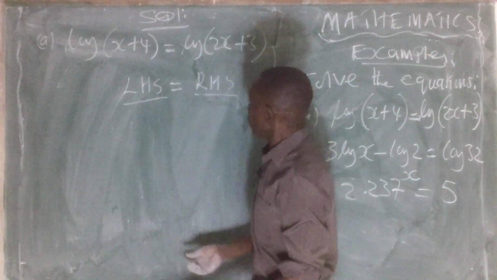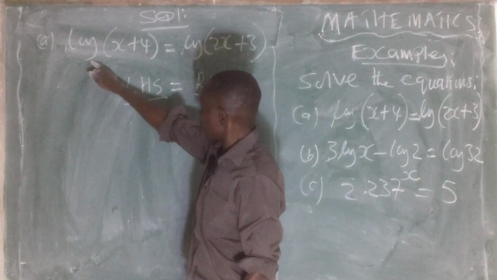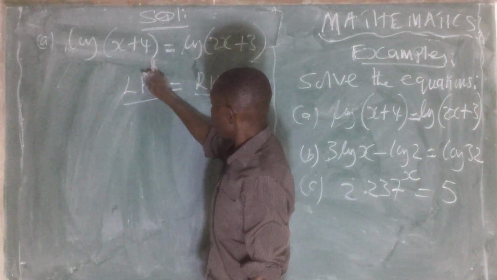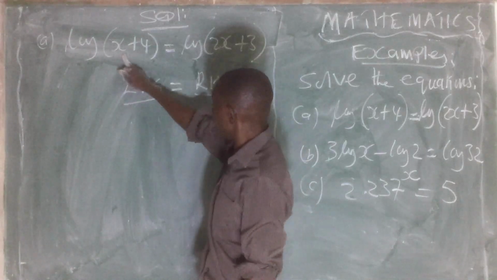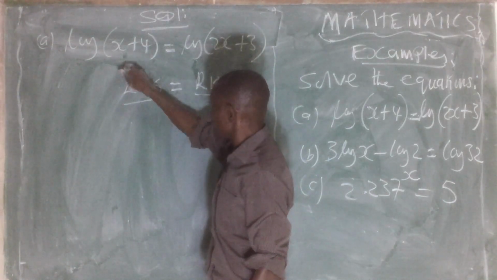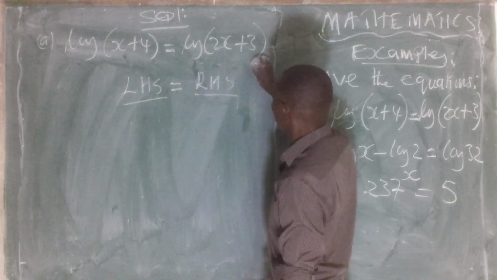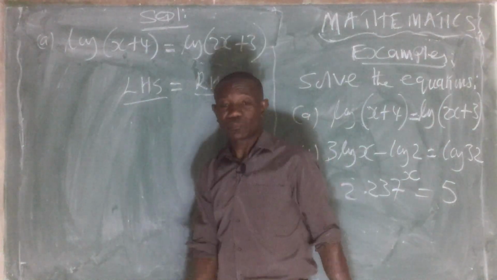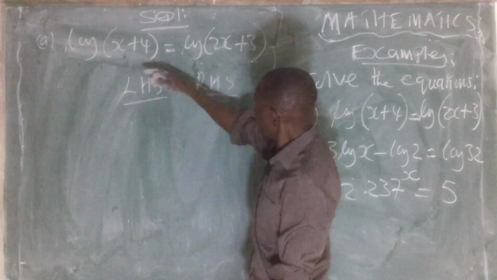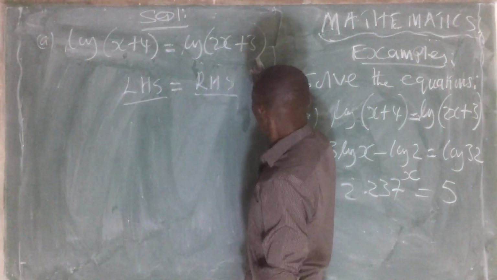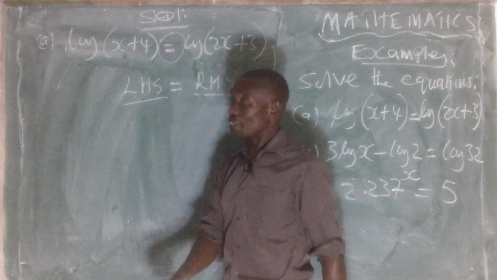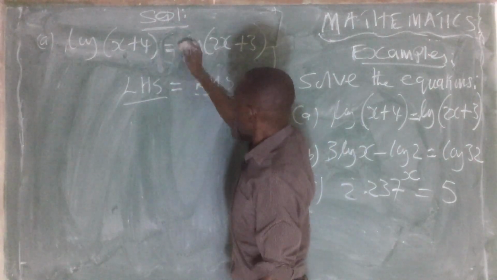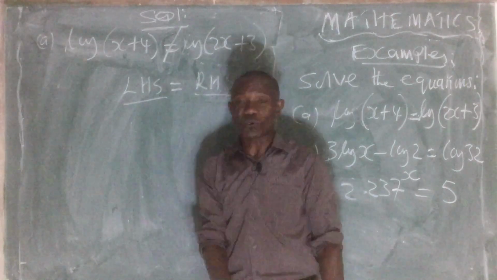If I take the logarithm of this, because I don't know the value of the variable x, it should be exactly the same as the logarithm of 2x plus 3. Otherwise, if the logarithm of this one is not the same as the logarithm of this, then the equation is not true, and we would have to write not equal to.